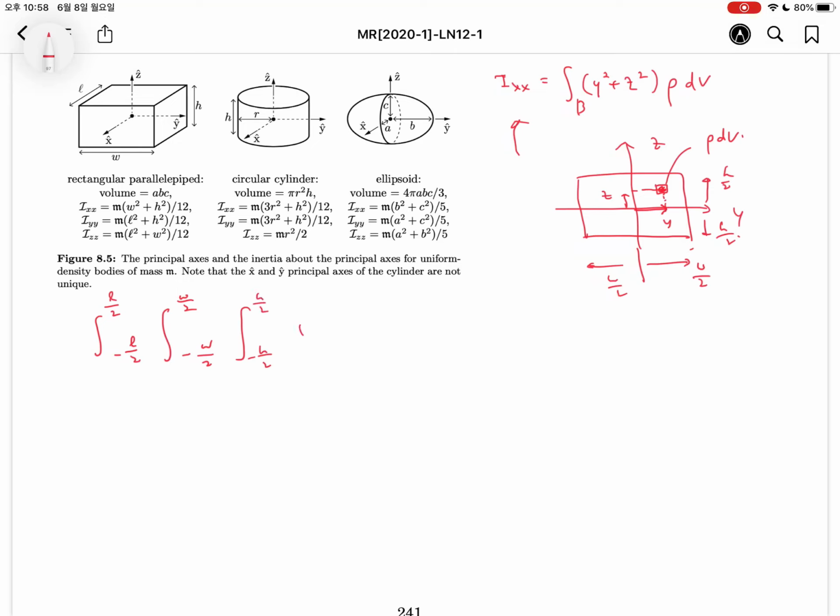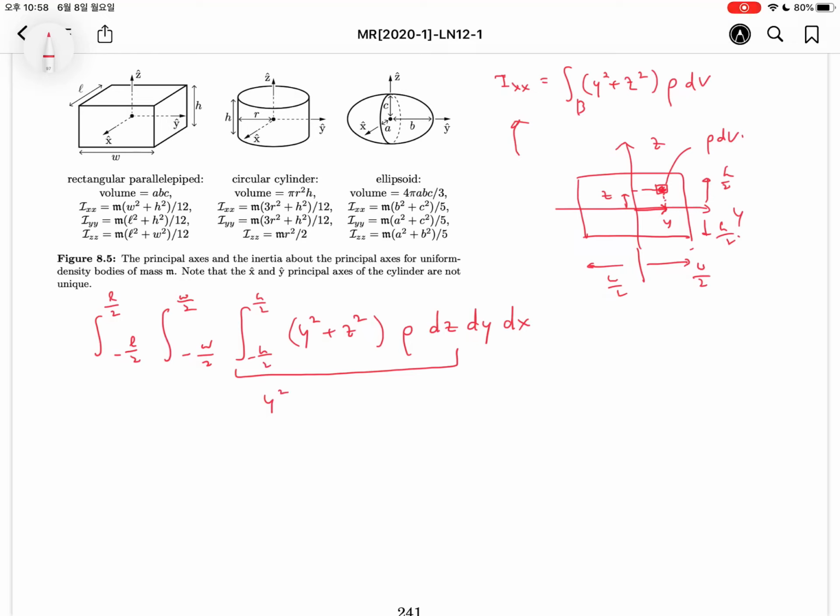And then y square plus z square, and then the constant rho, and dz, dy, dx. Okay, the inner part can be integrated.